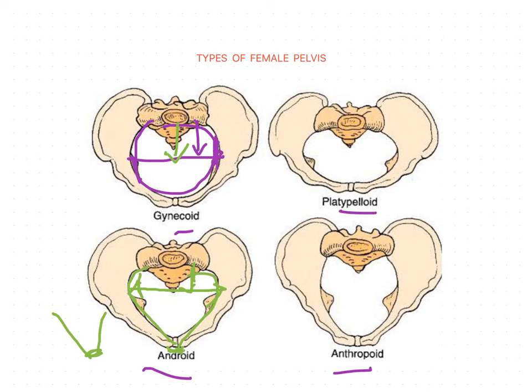Here the pelvis is transversely wide, flattened in shape, and wide anteriorly, and the greater sciatic notches are of male type. It has a short sacrum that curves inwards, reducing the diameter of the lower pelvis. So this is the platypelloid type.